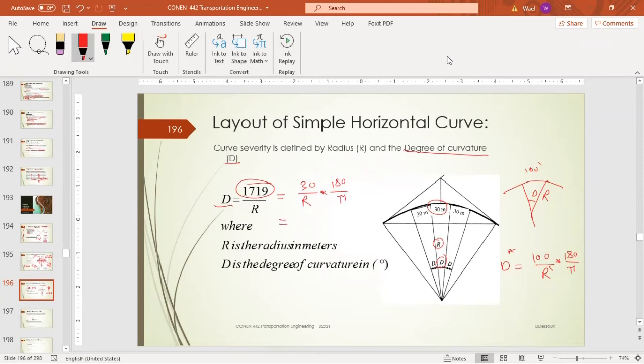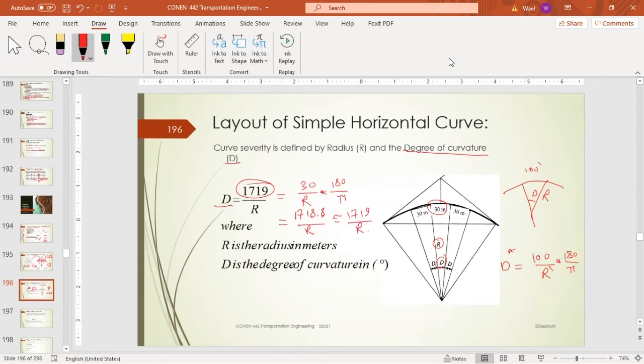Can someone make this simple calculation, please? 1718.87. So we can say it's 1719 divided by R.